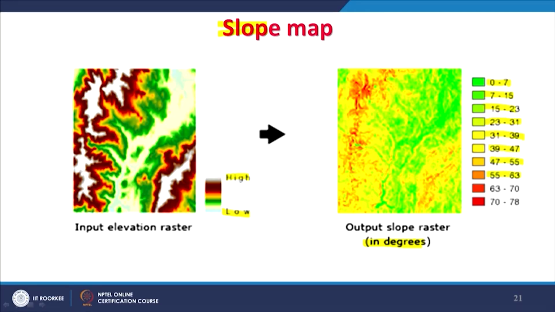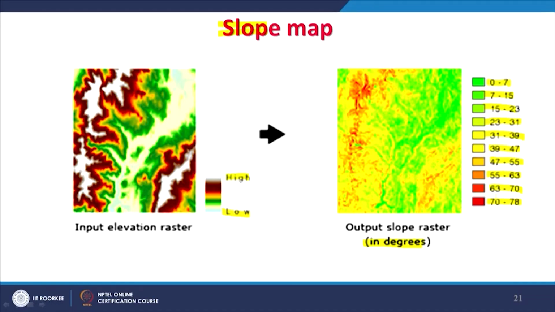There are techniques for how to classify these, whether you want equal interval, percentile, or other statistical techniques like standard deviation; all kinds of classification or reclassification can be done here. But for the time being, the slope map has been classified into about 10 classes, with slope varying between 0 to 78 degree. 0 to 7 is almost flat, shown as green color, and the red ones are between 70 to 80 degree.